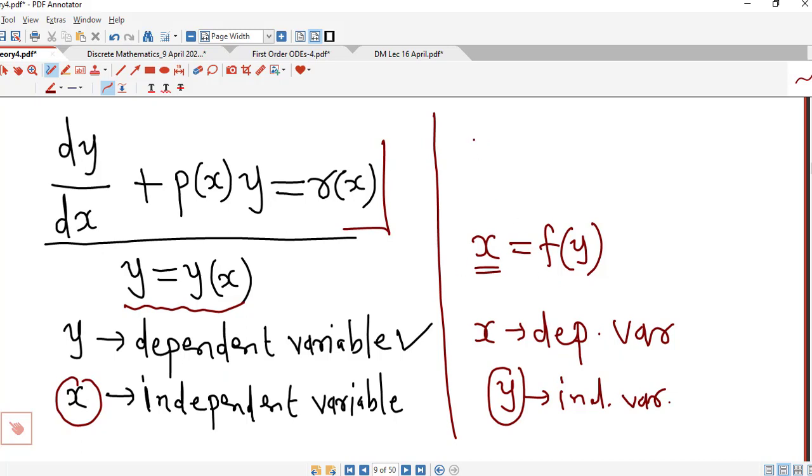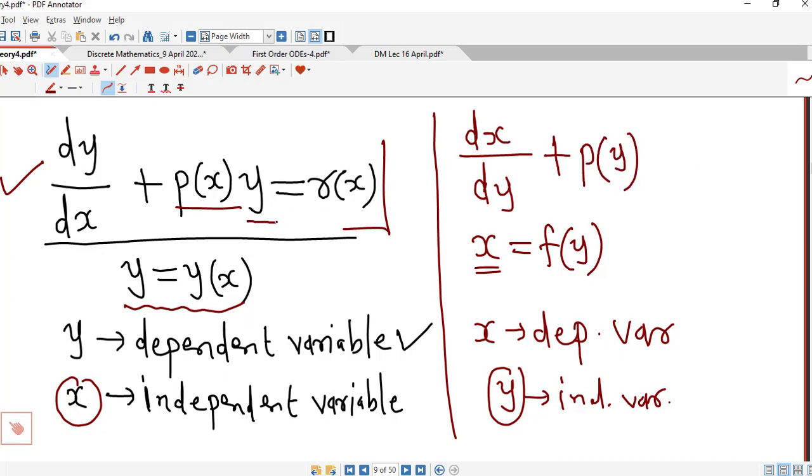In this case, our differential equation will be linear if it can be written in this form. Instead of dy by dx, now I write dx by dy. The roles of x and y are changing, so I will replace x by y and y by x in this equation. Here I have a function of x, so instead of that I write a function of y.